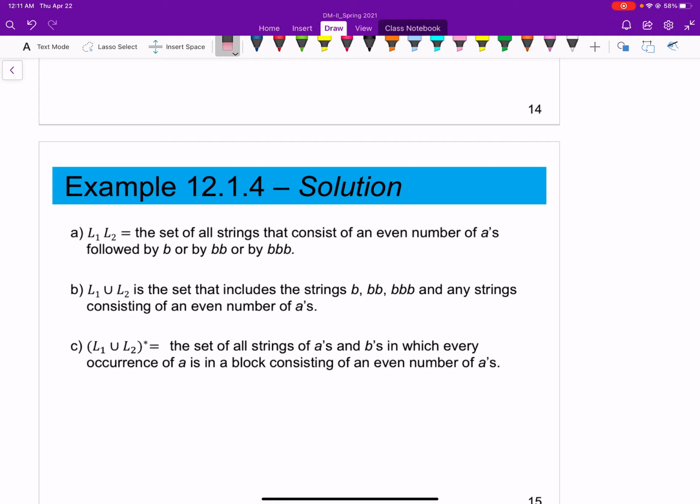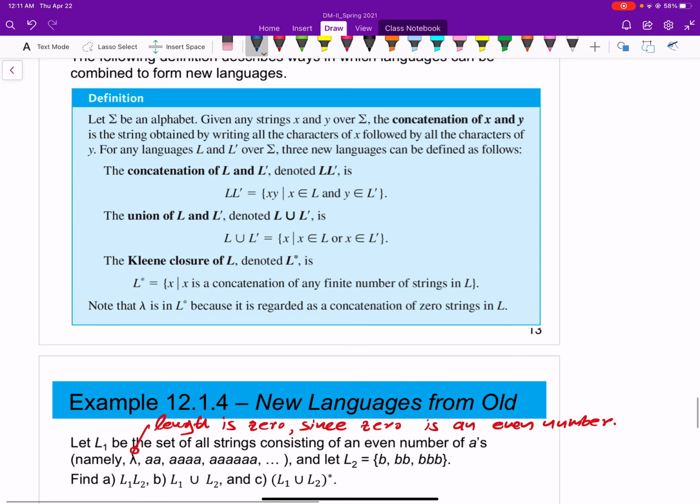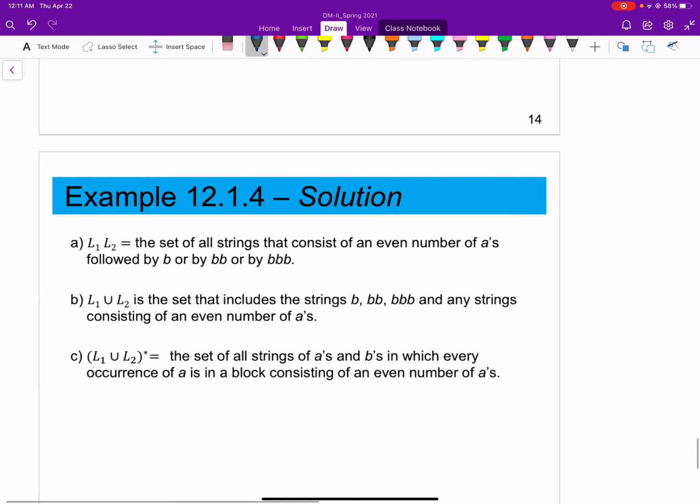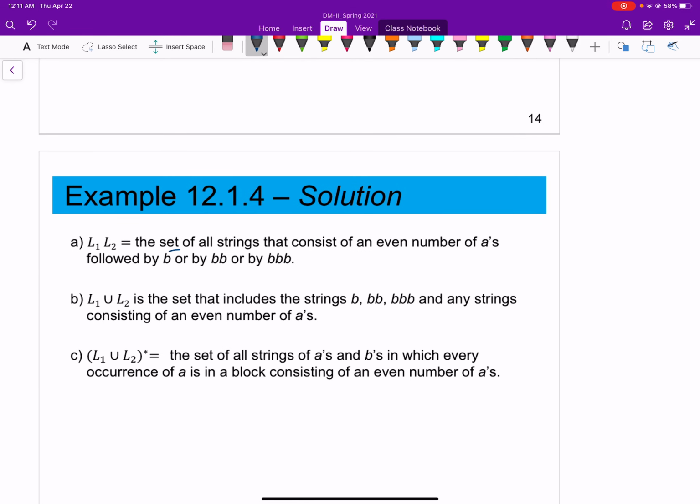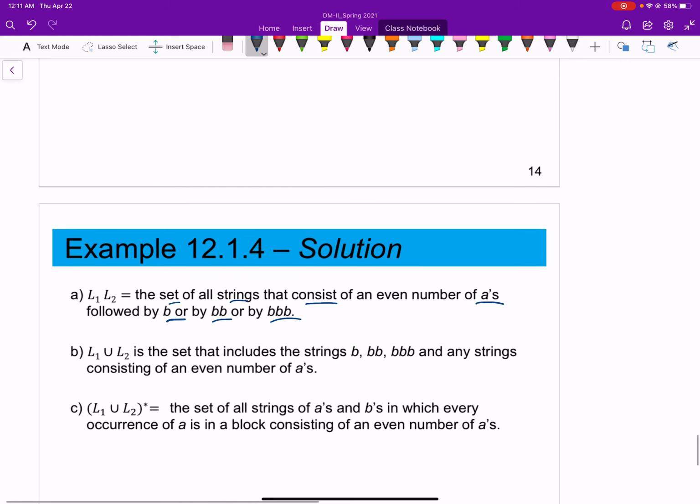All right, now L1 L2. This is easy because you could just follow this definition to write it. This is actually the set of all strings that consist of an even number of A's followed by B or BB or BBB. All right.